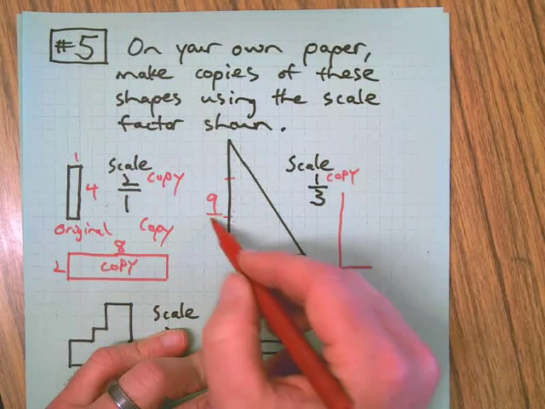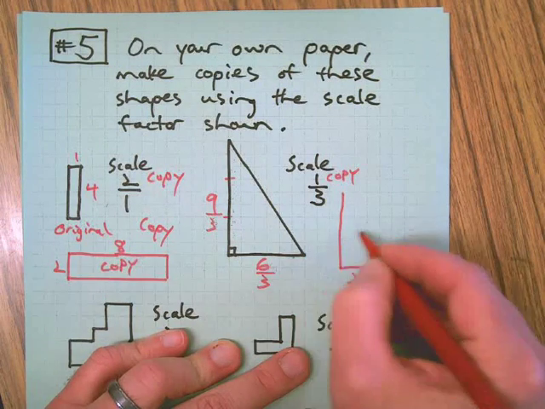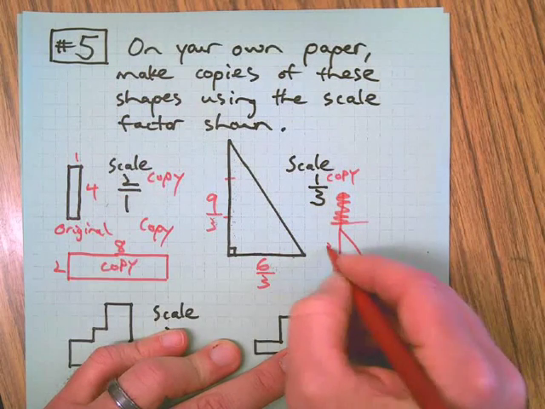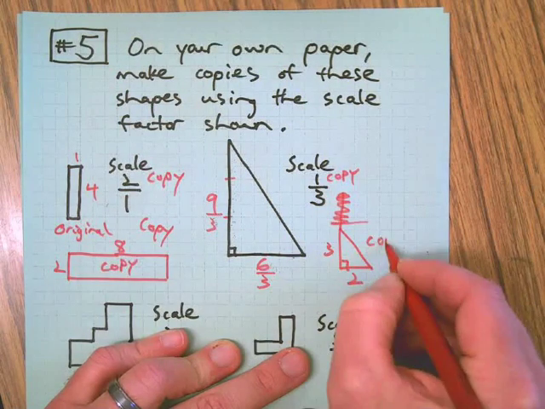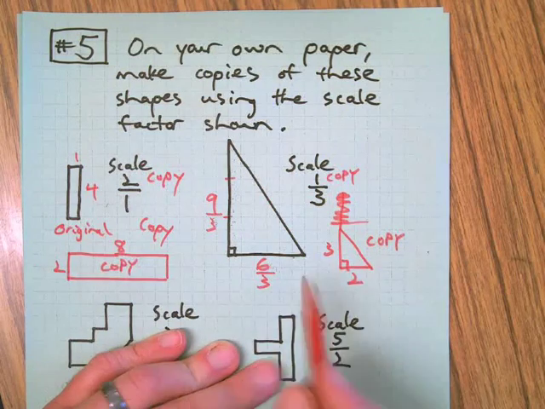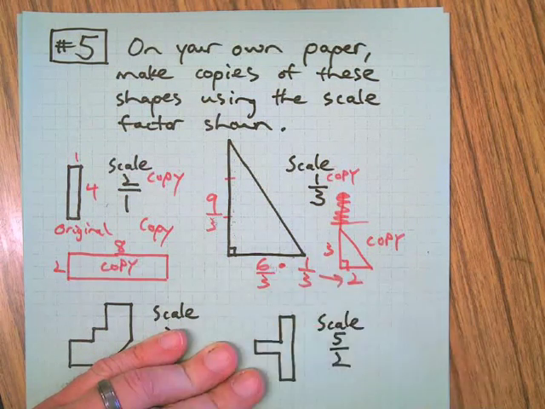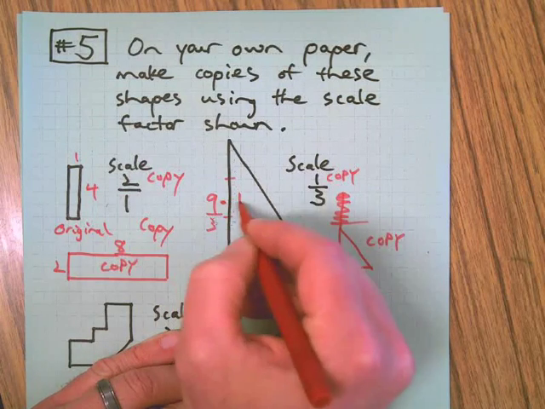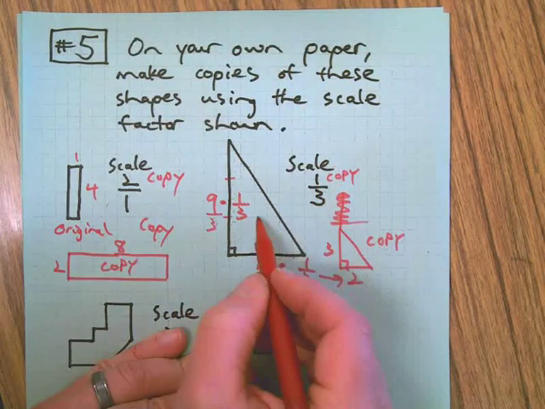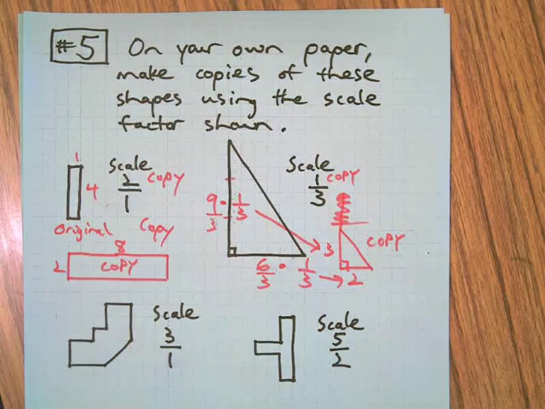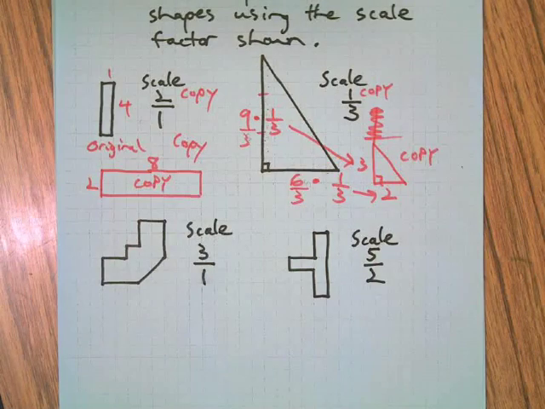And we take 9 divided by 3, and that's going to give us 3. What's this? Why did I do that? I'm in a hurry. Too much pressure. There's the copy. Okay? Because each of the dimensions of the original were multiplied by the scale factor. Okay, that's it. They're just multiplication problems. That's all you have to do. Okay, it's no big deal.